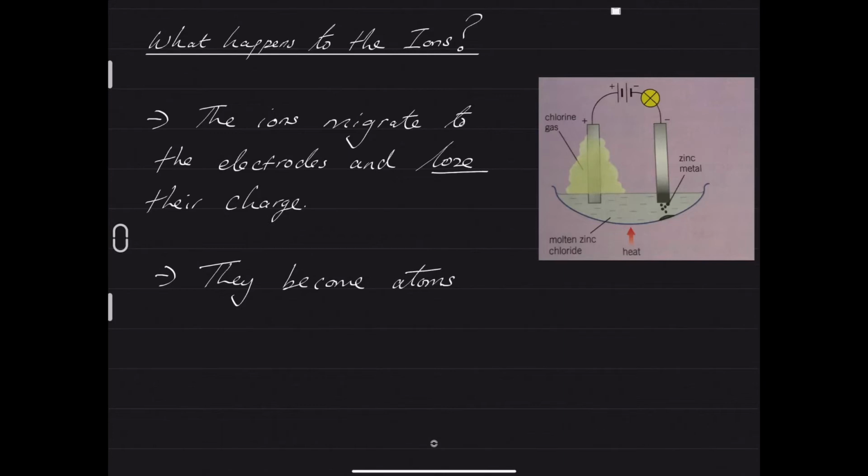Once the ion has lost its charge, it may have gained an electron in the valence shell, or it may have lost one. Whichever has happened, it stops being an ion and becomes an atom. In some cases, the ions form molecules. They become atoms or molecules of elements.